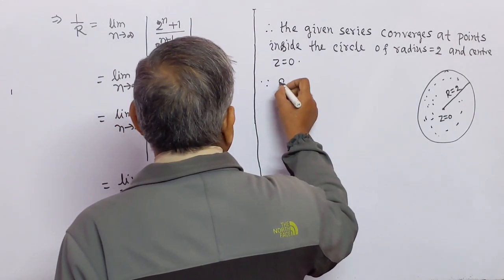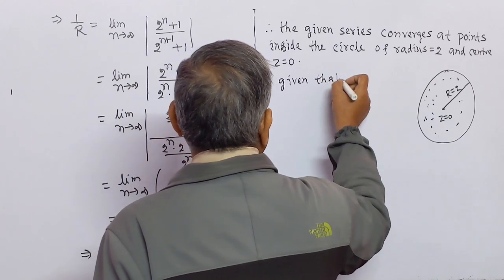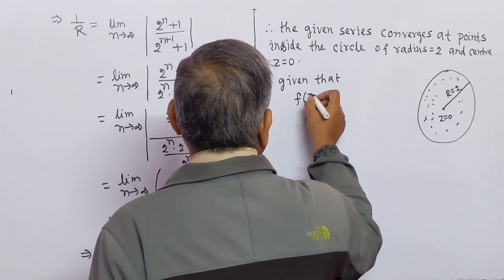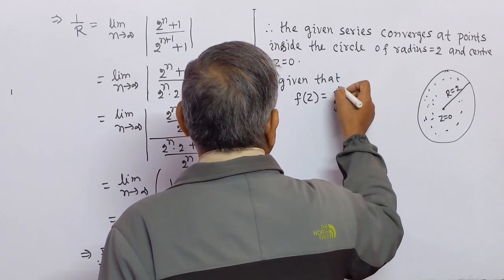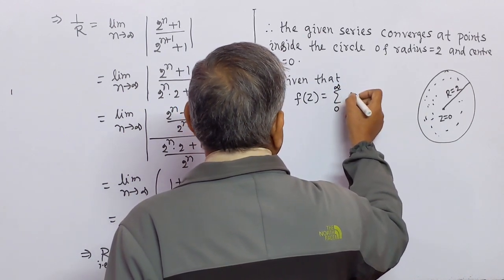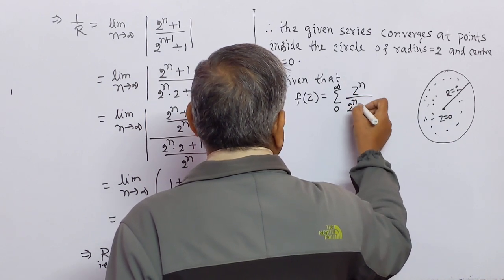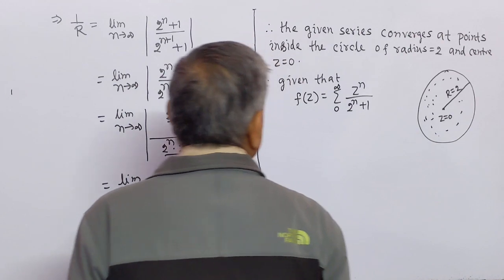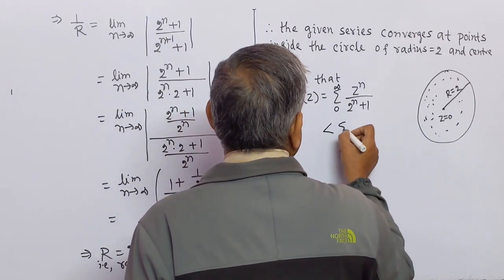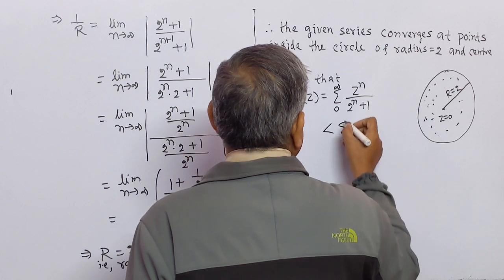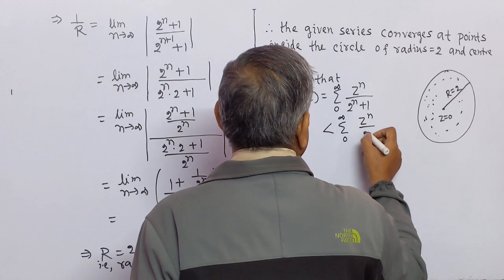Since given that f(z) equal to sigma n equal to 0 to infinity z to the power n by 2 to the power n plus 1, and this is less than sigma 0 to infinity z to the power n by 2 to the power n.